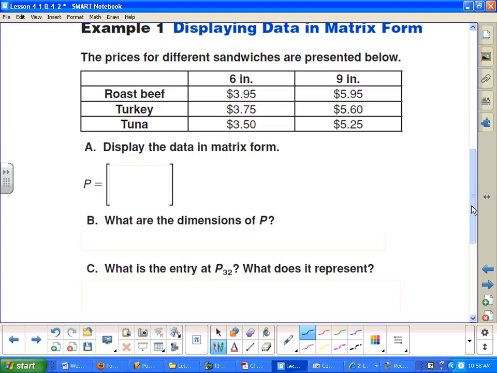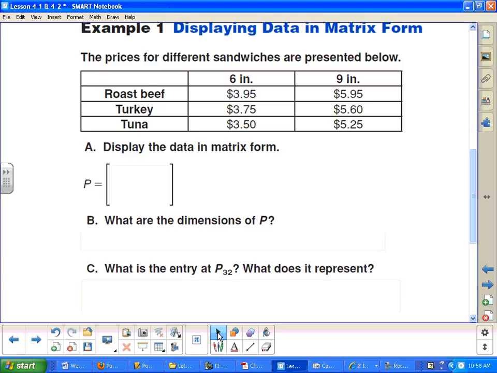So here we have the prices for different sandwiches. All right, roast beef, turkey, tuna, and the prices for 6-inch and 9-inch. Whenever we display a matrix, we use brackets to do it. So you're not using parentheses, we're using brackets, so they're squared off. So when I display the data, these numbers in a matrix, I'm going to put them just like they are.